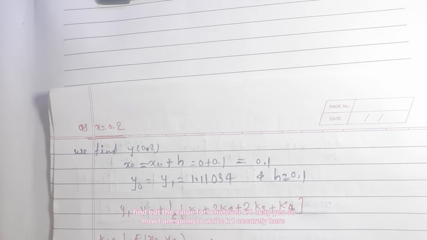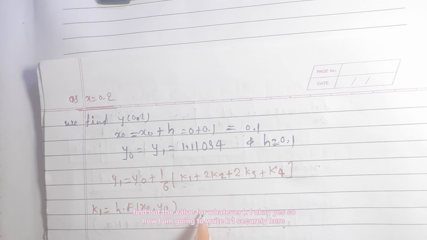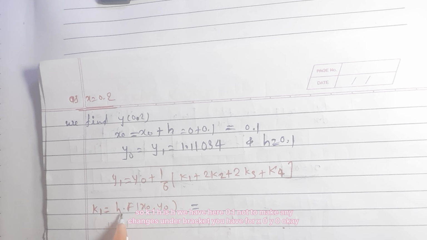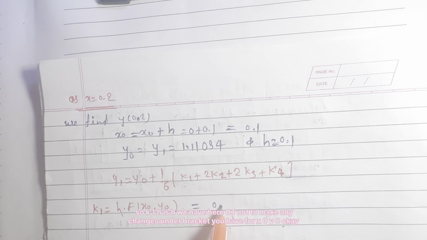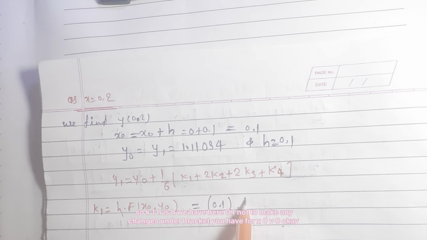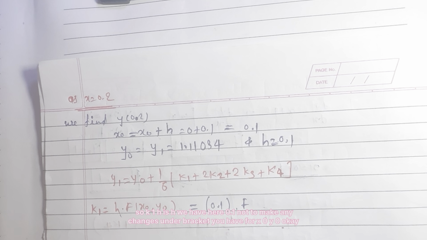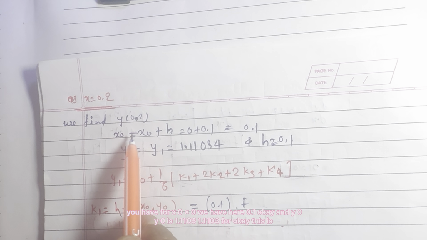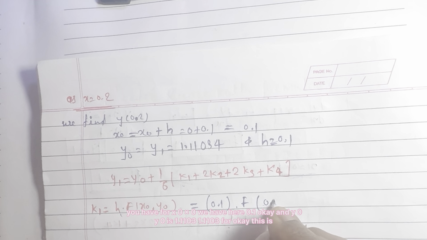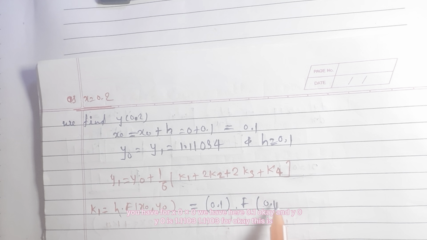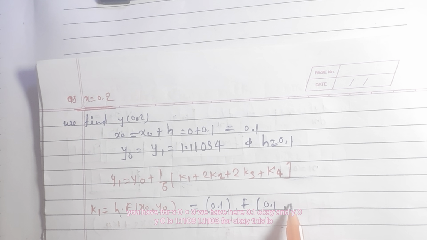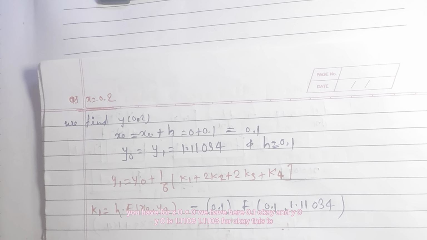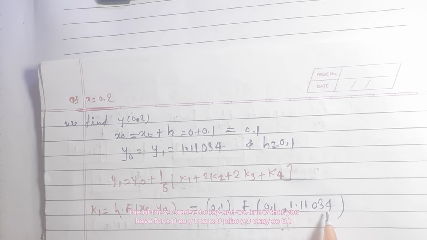So how am I going to write K1? See carefully here. K1, h we have here 0.1, not to make any changes, under bracket f of x naught, y naught. f of x naught we have here 0.1, and y naught is 1.11034.